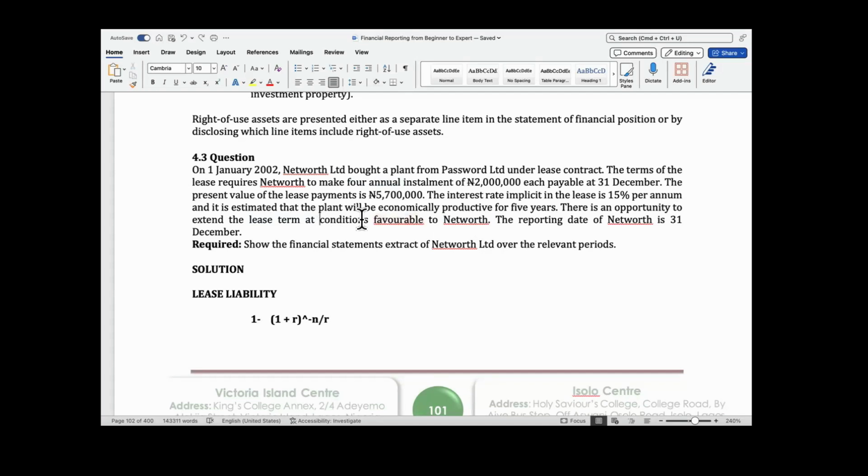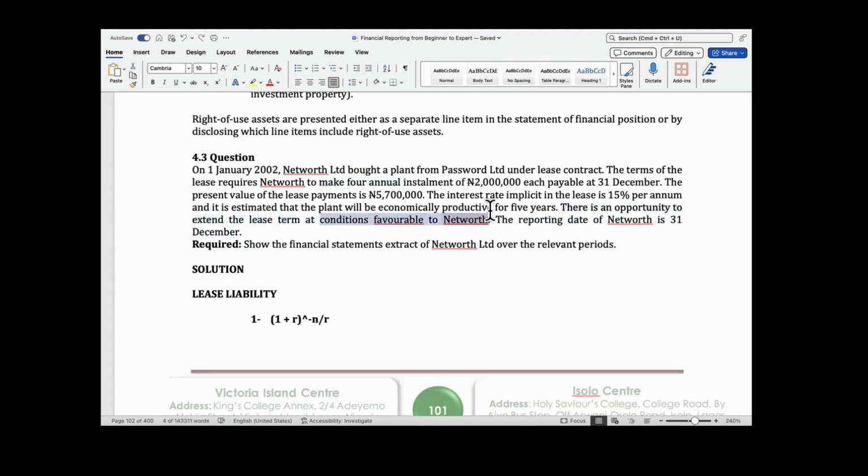This shows that we would extend, and that you need to consider the period of extension. Because of this statement, the lease term will not be 4 years anymore, because they told us that you can extend at conditions favorable to net worth.